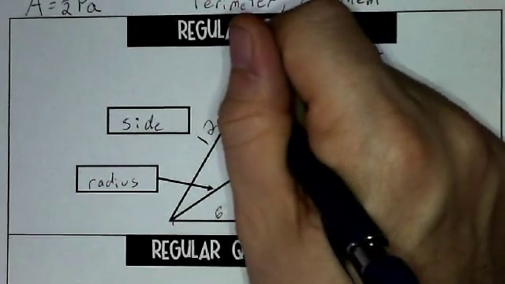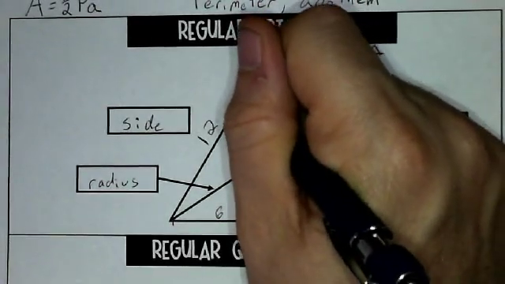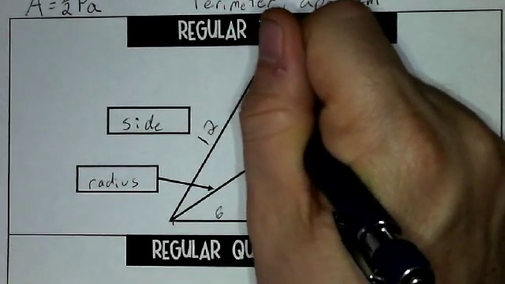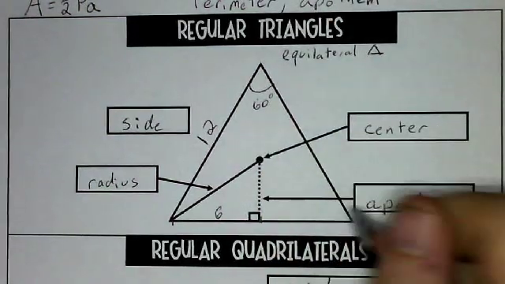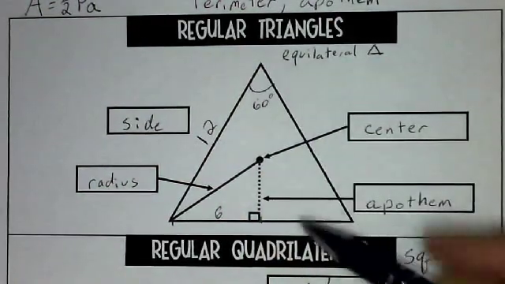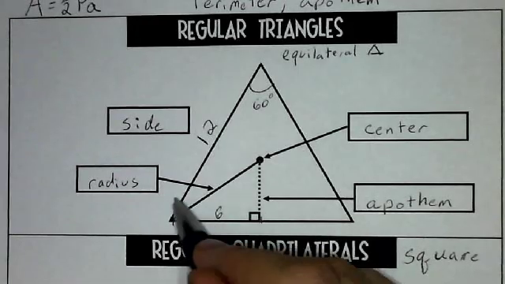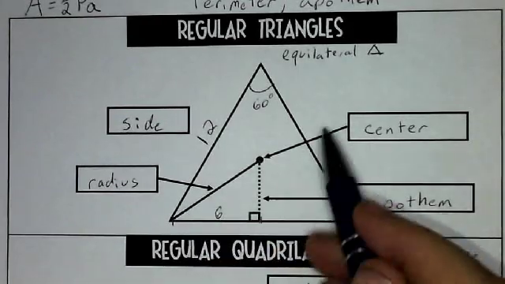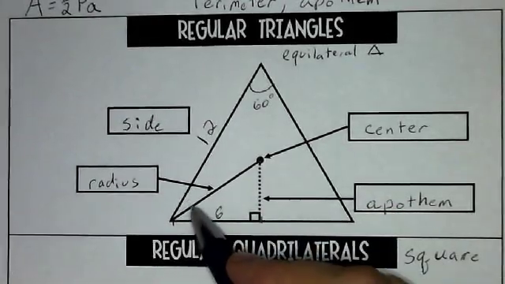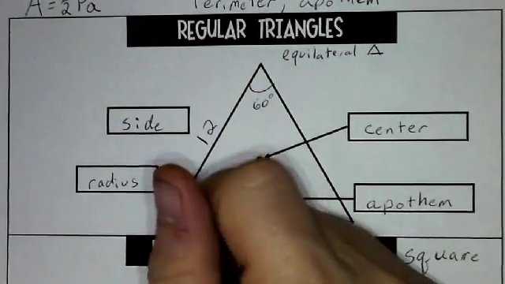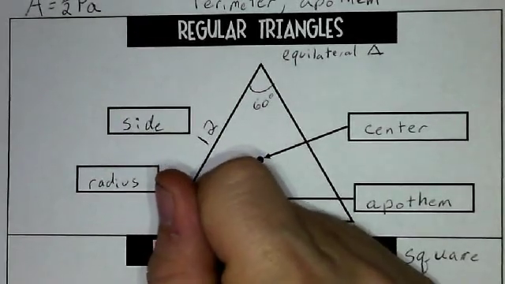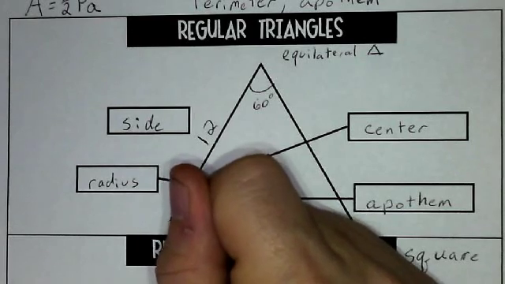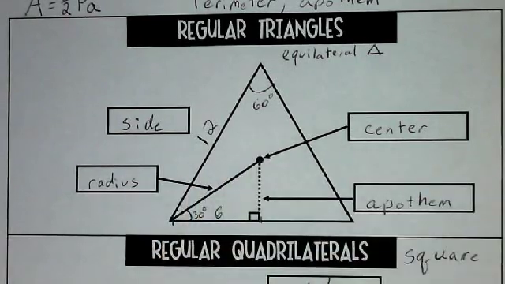Well, let's think, if I have an equilateral triangle, that means that all of my angles are 60 degrees. So this one is 60, this one is 60, and the whole thing over here is 60. And my radius, because of the nature of a regular polygon, is going to cut that in half. And so this is just 30 degrees.